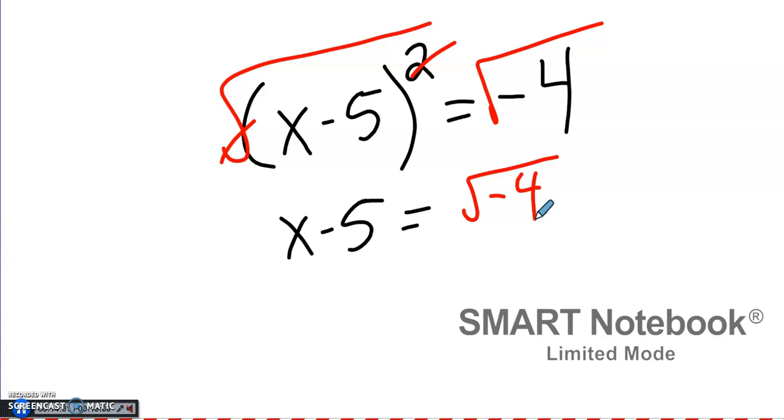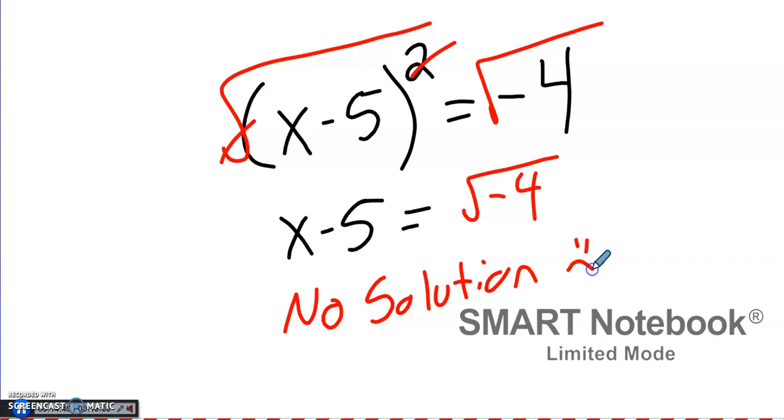For our purposes in Algebra 1, we cannot answer this problem. This is going to be a no solution because we can't have a negative sign under the radical. So we would say no solution. Okay. If you are in Algebra 2, you are going to see this as an imaginary number, but for Algebra 1 purposes, it's going to be a no solution.